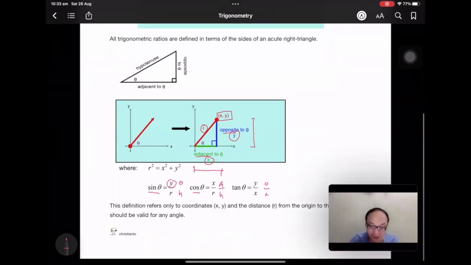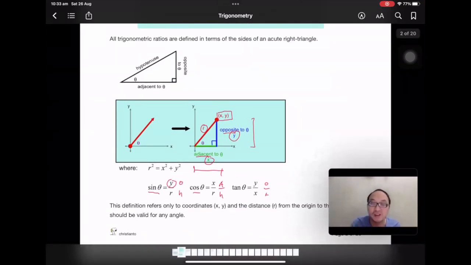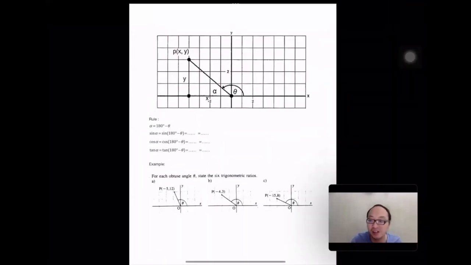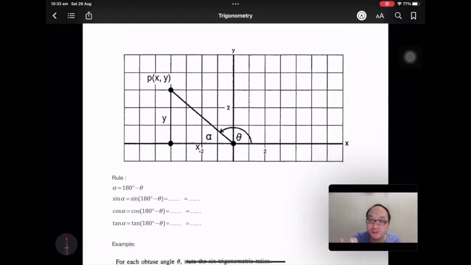So if we refer to this definition, we can work out the obtuse angle. For the sine of theta, if theta is obtuse, we can see the related acute angle here, alpha.